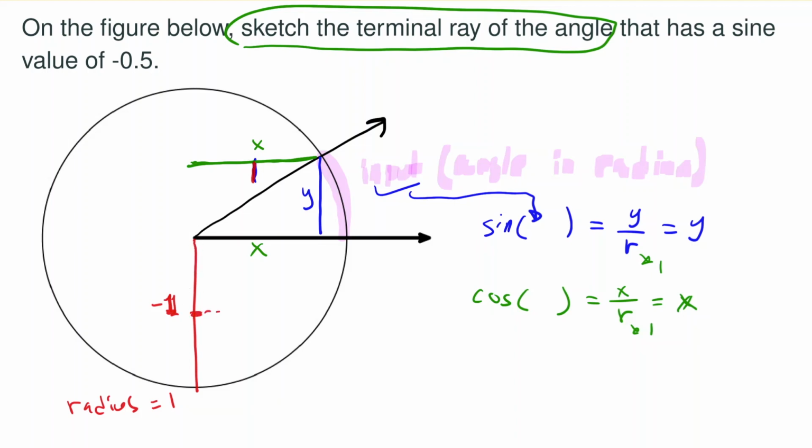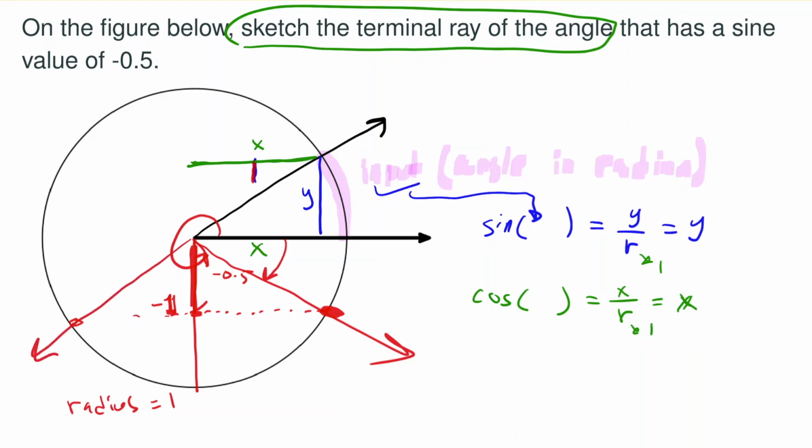So if we do here, this length is negative 0.5. If I have an angle that ends right here, I can draw it like this. For example, either this angle or this angle, both have the same terminal ray. This angle will give us sine of negative 0.5. Similarly, there is another one here that ends here, so we have 2.